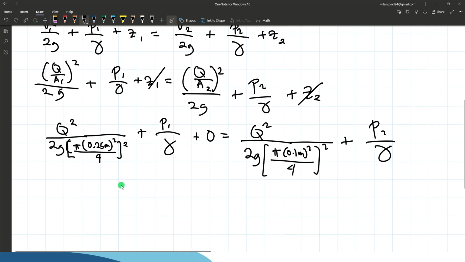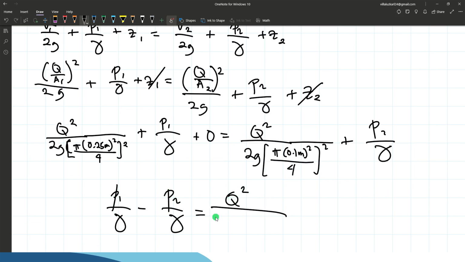So we solve P1 over gamma minus P2 over gamma, which equals Q squared over 2g multiplied by the orifice area term. Let's solve this denominator, where g is 9.81 meters per second squared.